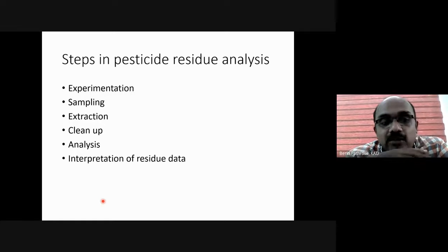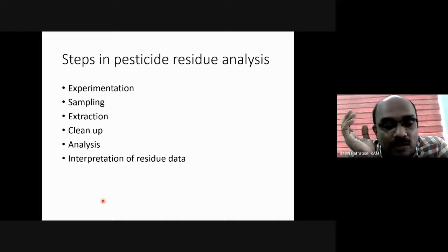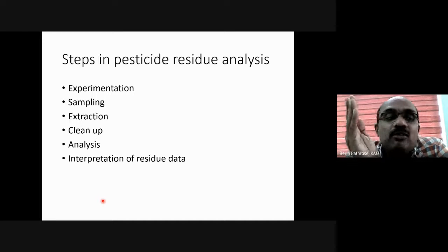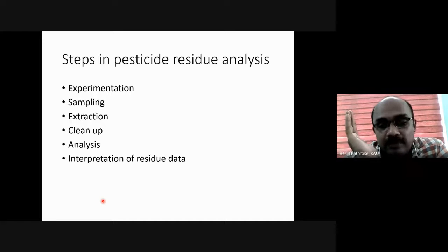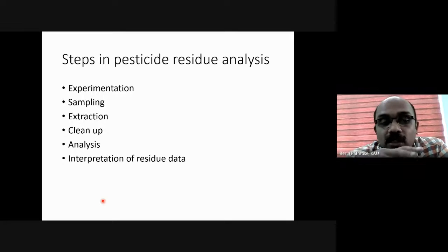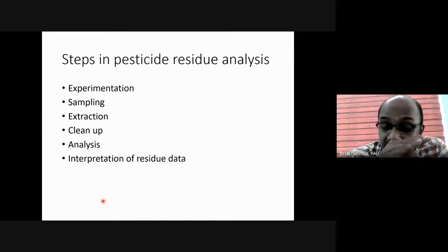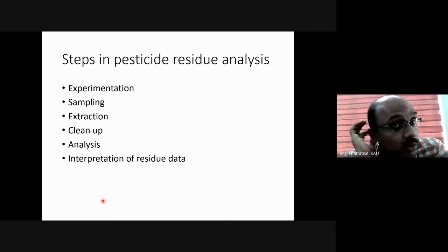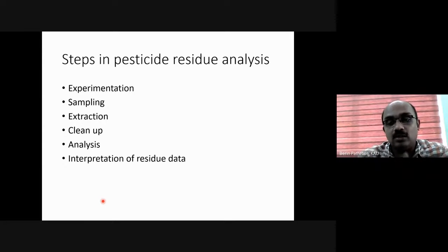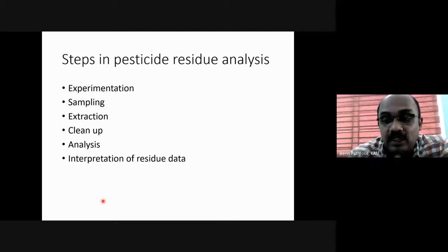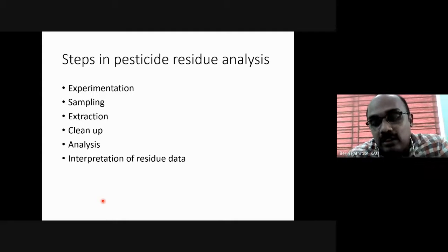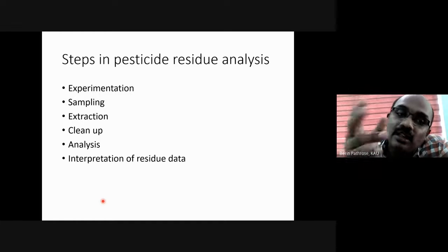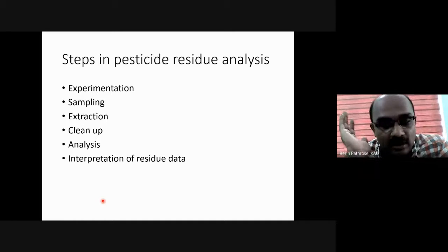Though I have enlisted 6 steps, normally we will have only 5 steps. We don't normally do experimentation all the time. This experimentation part is mainly done by research organizations. Whenever we want to work out the MRL value or the waiting period data of any particular pesticide, then only we will go for experimentation.